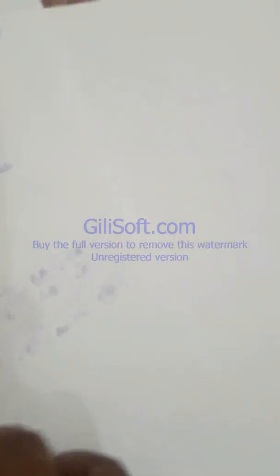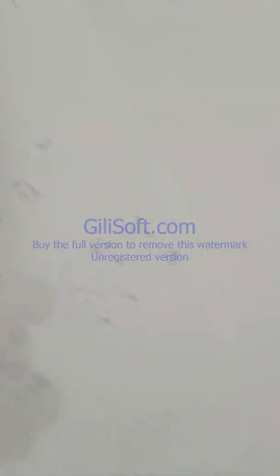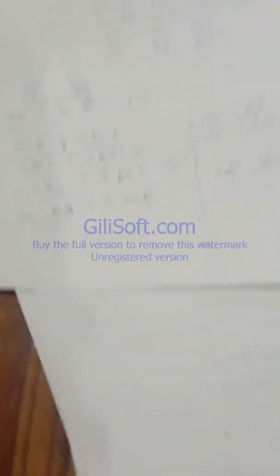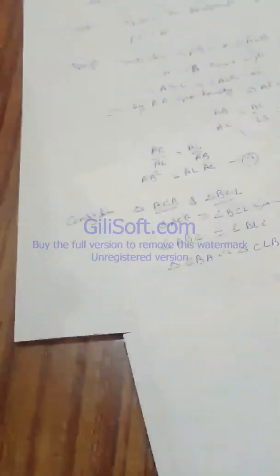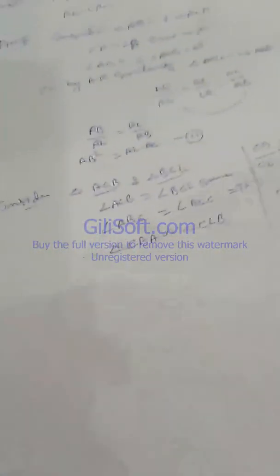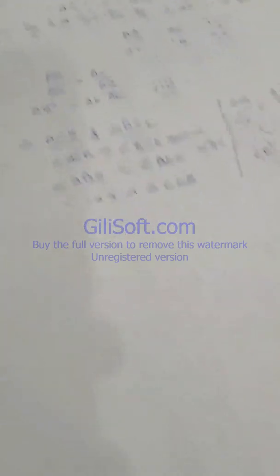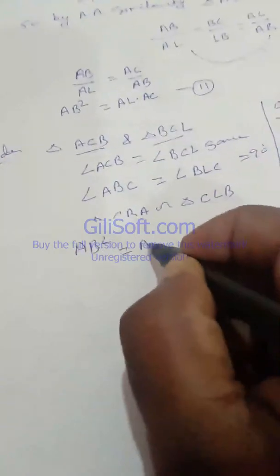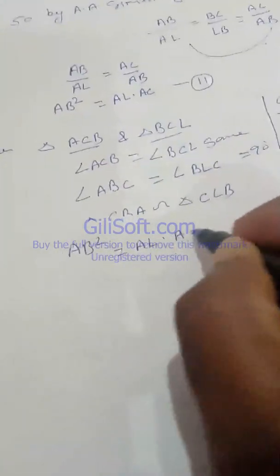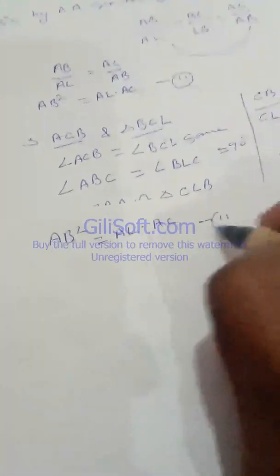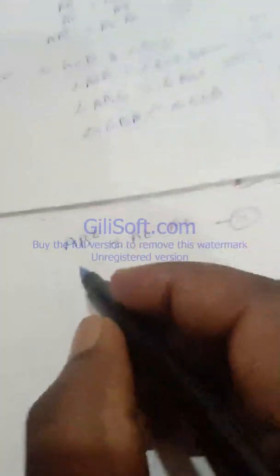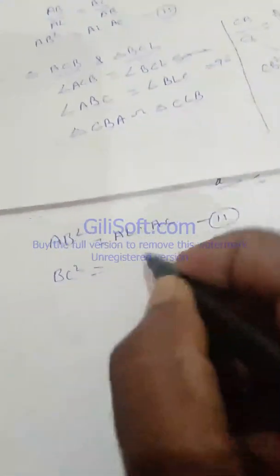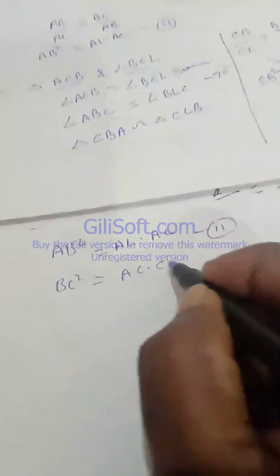Now add equations 1 and 2. Look here, what should we get? AB square is equal to AL into AC, and BC square is equal to AC into CL.